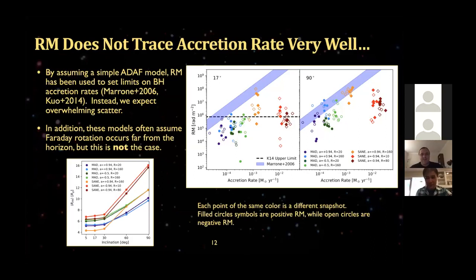So yeah, the overestimate of RM as a function of accretion rate is definitely stronger for face-on inclinations, and at 90 degrees it gets closer, but still tends to overestimate. But at the same time, I only integrate out to 20 M, so maybe there could be more.